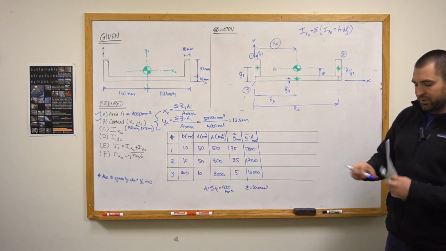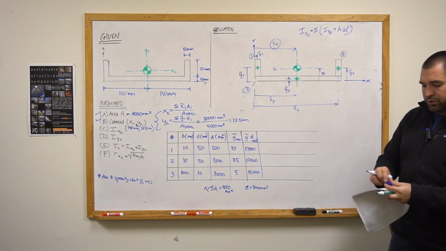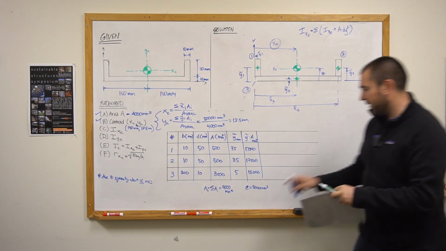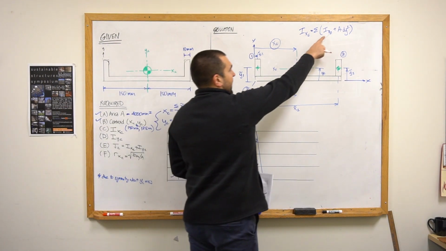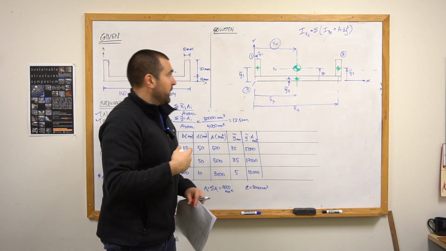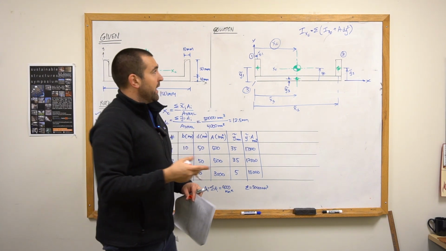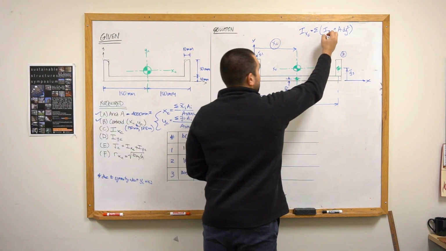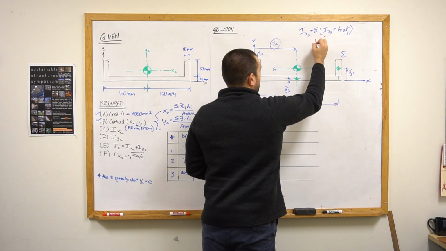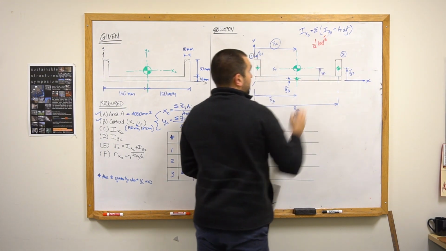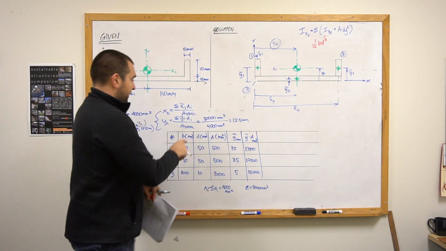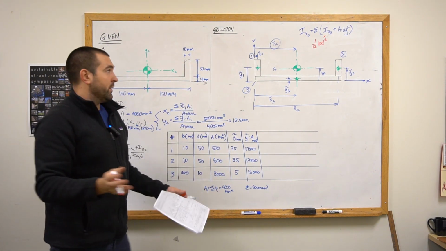And let's just go ahead and draw or show what that distance is. Ix naught we're going to get out of a table in the back of your book or on the formula sheet. That's not a big deal. This is simply going to be 1/12 base times depth cubed. And we already have b and d here, so that's not a big deal.